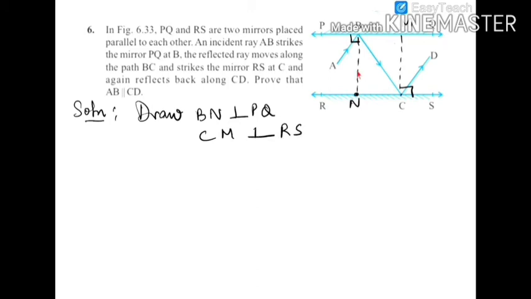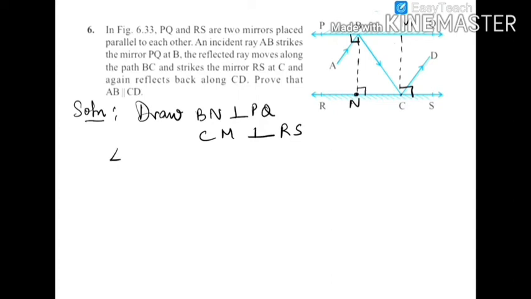So what can we say about angle BNC? Since lines PQ and RS are parallel, BN becomes a transversal. Angle PBN is 90 by construction. So angle BNC should also be 90 because they form alternate interior angles.